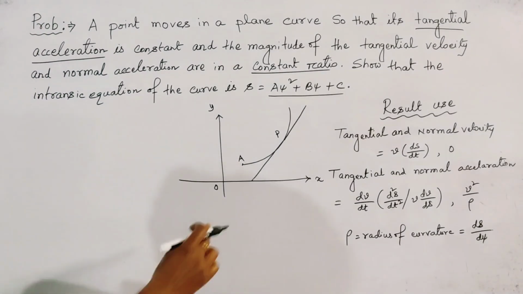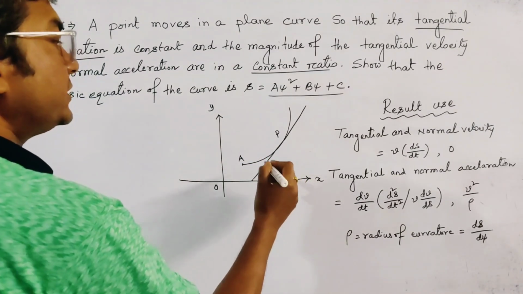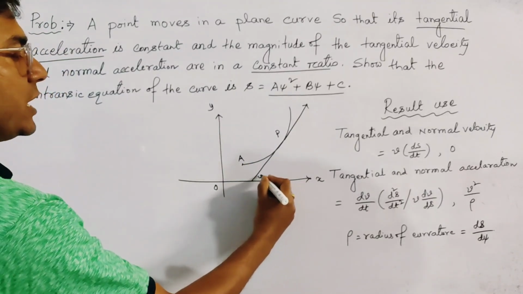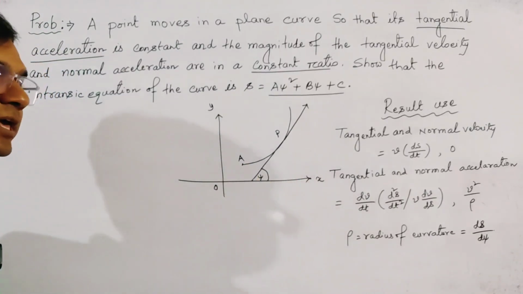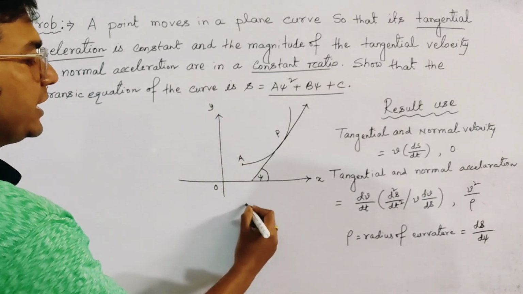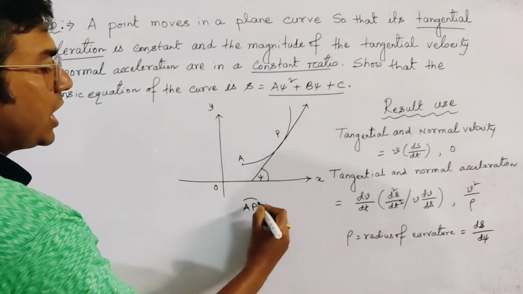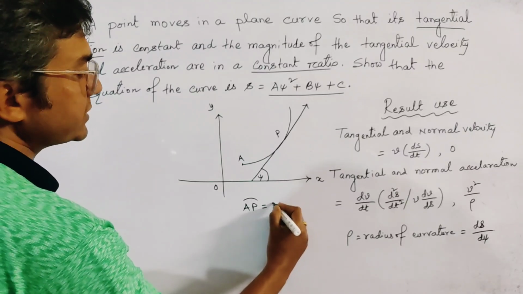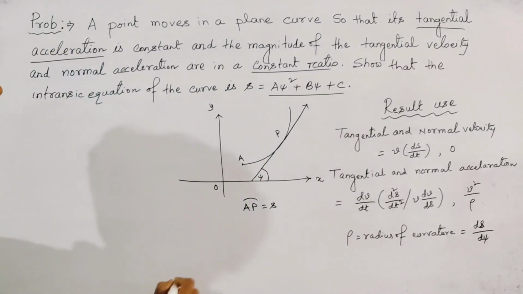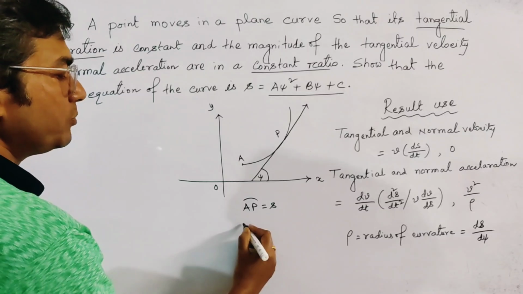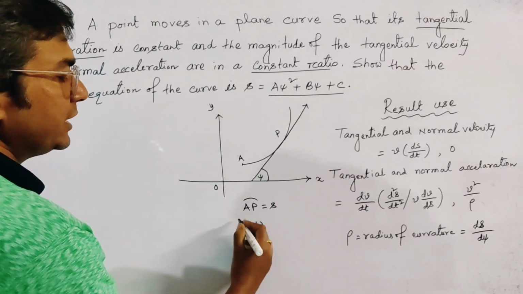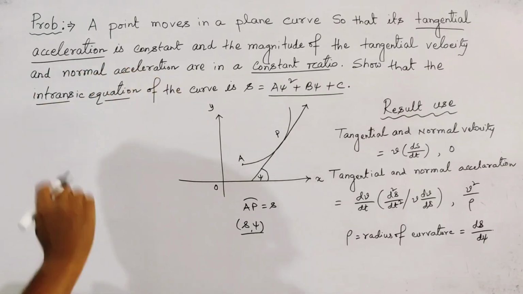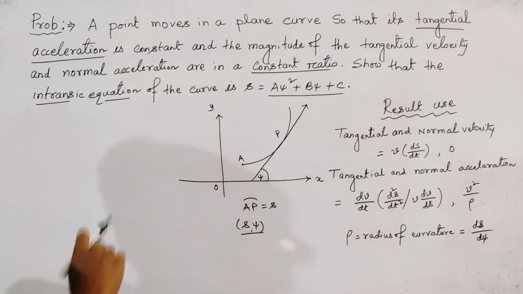Let this tangent make angle psi with the positive direction of the x-axis, and the arc from A to P is denoted by S. Then the relation between S and psi is said to be the intrinsic equation of the curve. We have to find this intrinsic equation.